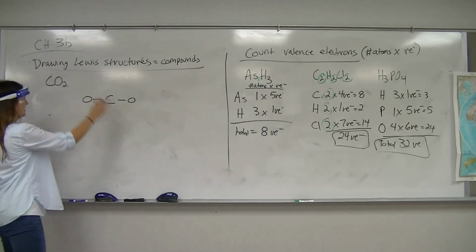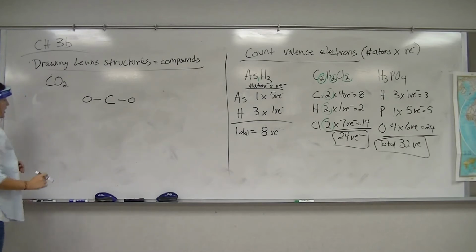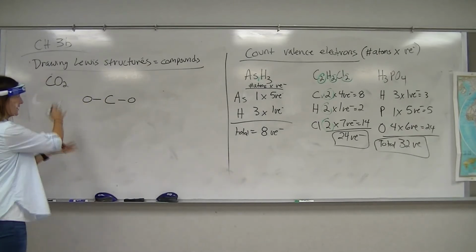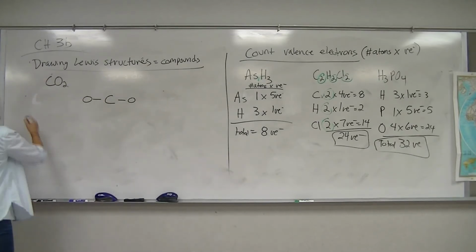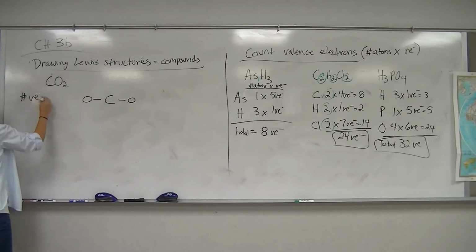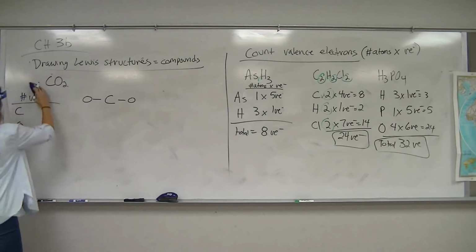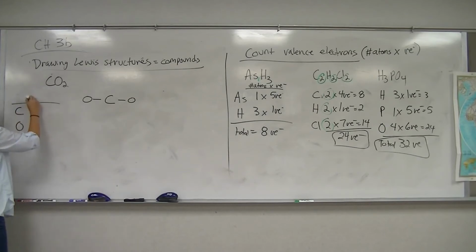Once you have the basic shape, you need to figure out the valence electrons, what we just did over here, because we need to know how many electrons we have to deal with. So, counting the number of valence electrons, we make our list. We have carbon, we have oxygen. We look at the number of atoms of each and multiply it by the valence electrons.